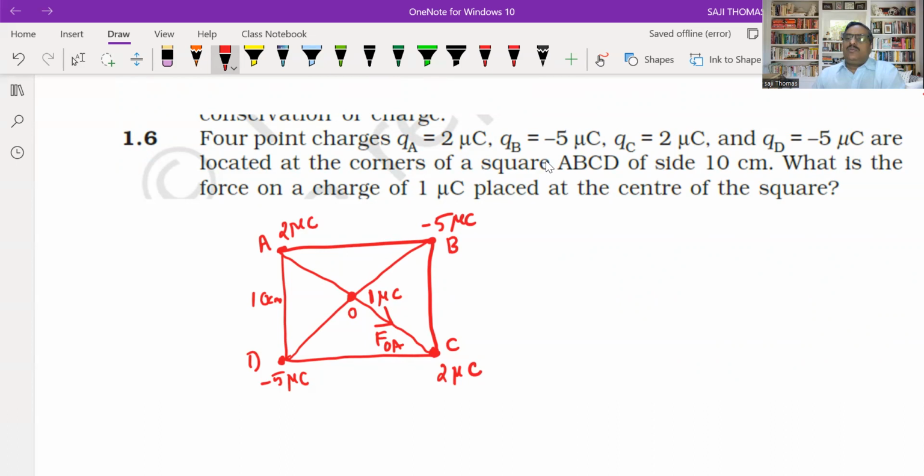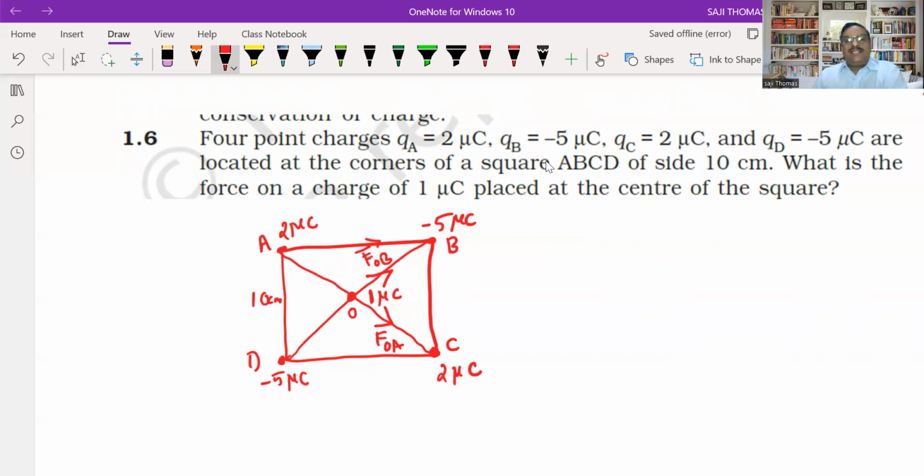A repels 1 microcoulomb at the center. Now, from the vertex B, -5 microcoulomb attracts the charge at the center. So force is in this way. This I am writing as FOB, force on O due to the charge at B.